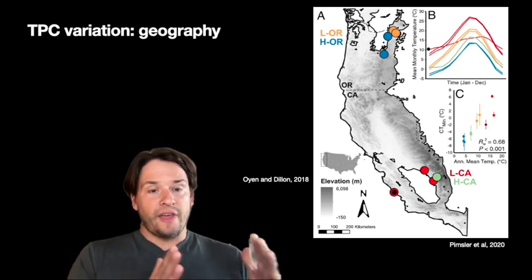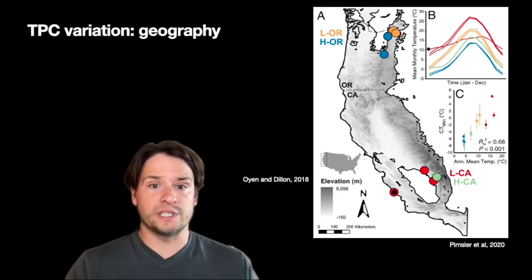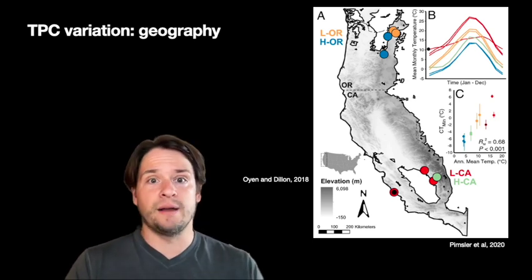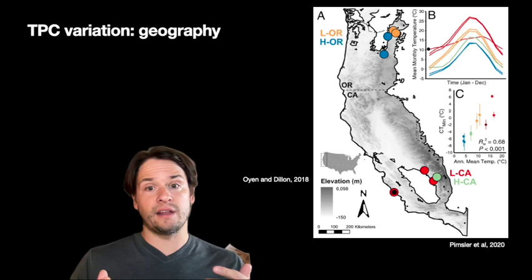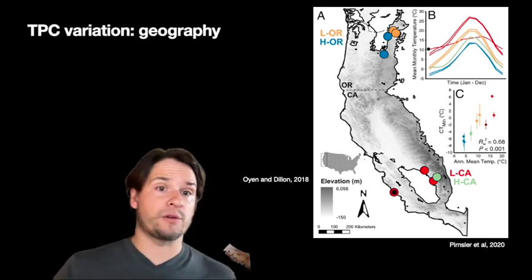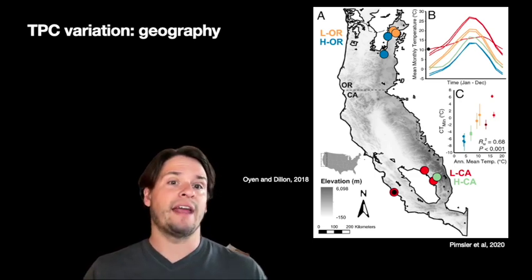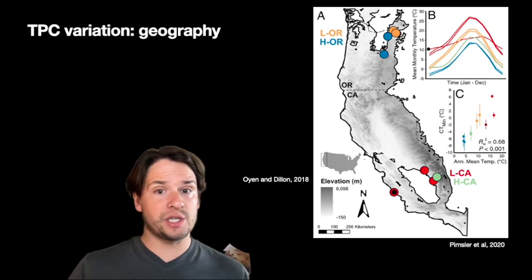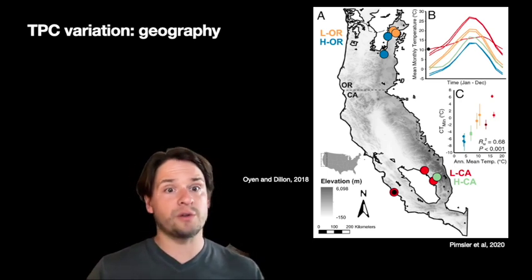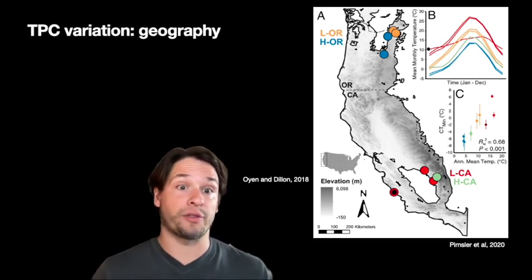But you can measure that critical thermal minimum for different individuals within populations, and then also compare populations. So for example, this study, on the right here, compared that critical thermal minimum across elevations and populations, and found that populations that have the highest average temperature throughout the year also have the highest critical thermal minimum.